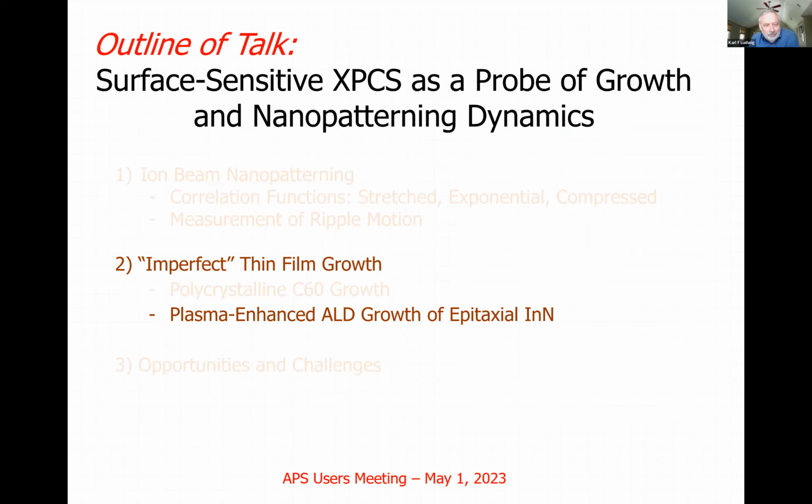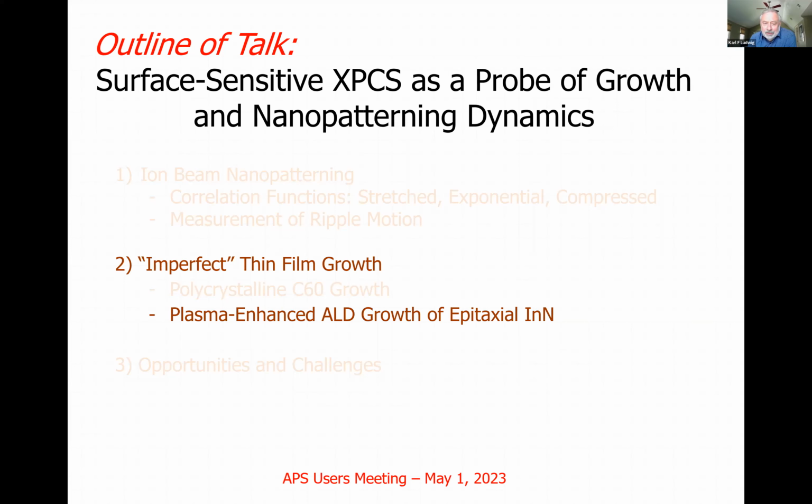And then this last one I'll mention is work that's still being analyzed. I'll just put this in to say that, now that we had done this with a very ideal case of just thermal evaporation of C60, now we're turning and seeing what we can learn about imperfect thin film growth in a much more sophisticated growth environment. This is work in collaboration with folks at the Naval Research Lab.